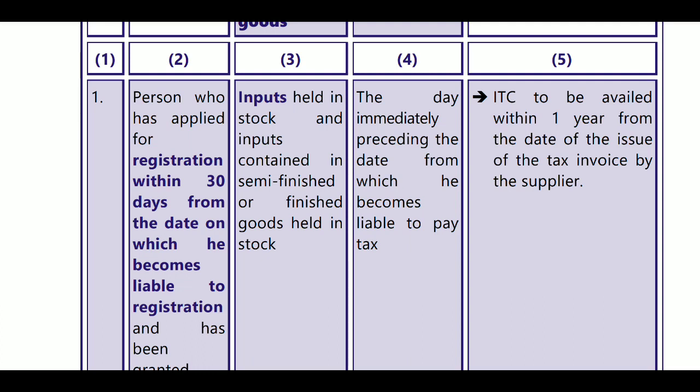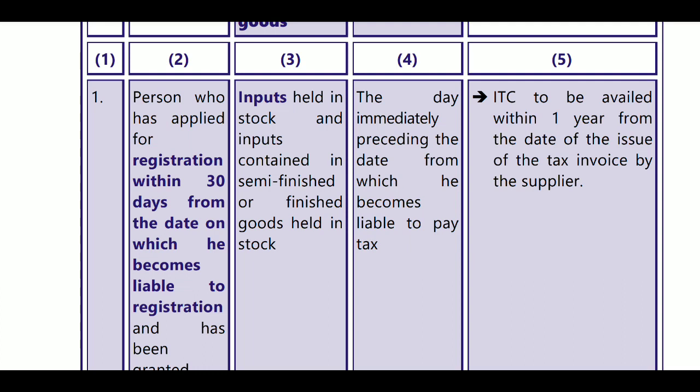if he has an input relating to semi-finished product, finished product or capital product on the day immediately preceding the date from which he becomes liable, and if the person applied for registration within 30 days from becoming liable for registration, then he can claim the ITC which exists before the registration time.